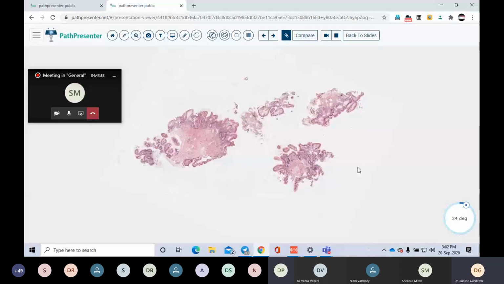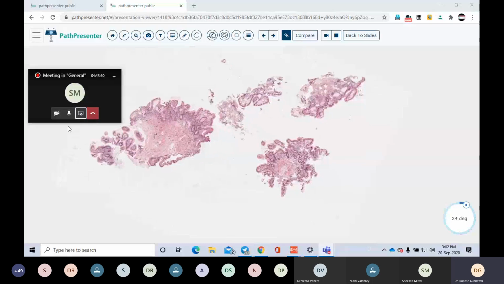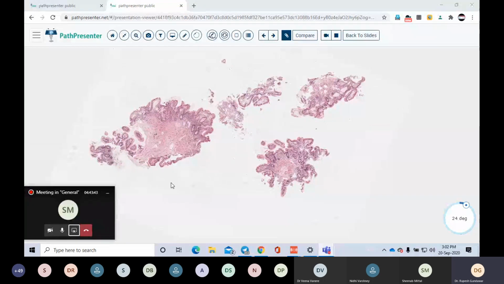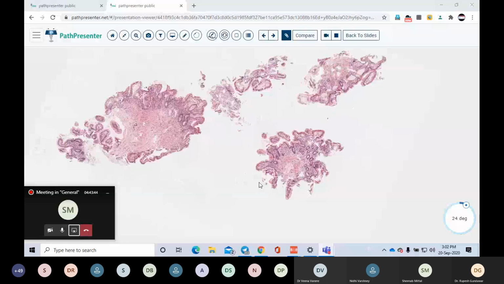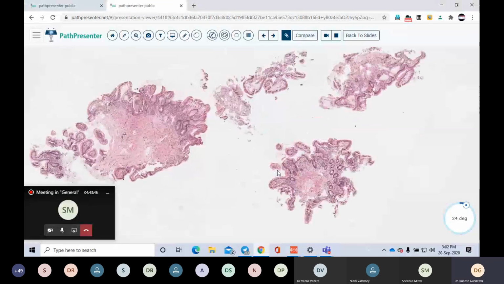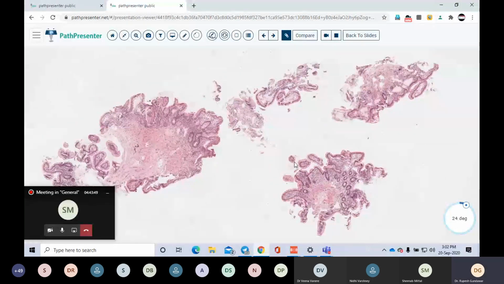Yeah, it's visible. Can anyone discuss this biopsy here? Meaning, what are you seeing? How are the villi? Anyone, just discuss. Nothing much harmful in discussing. We can move forward to the next case. How is your evaluation of this biopsy?